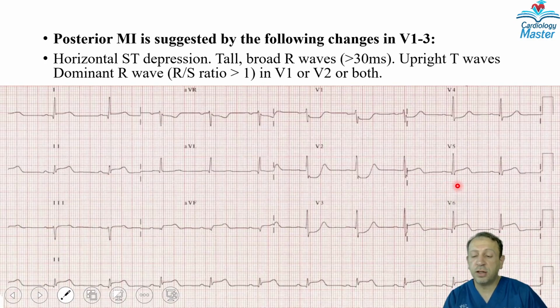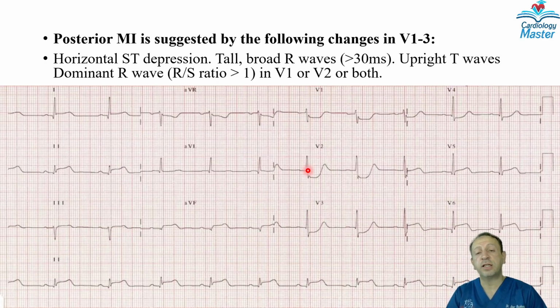You should see a horizontal ST depression in V1, V2, and V3, with prominent R waves, or an R wave that is taller than the S wave. This is the most important clue that this patient is having a posterior myocardial infarction.